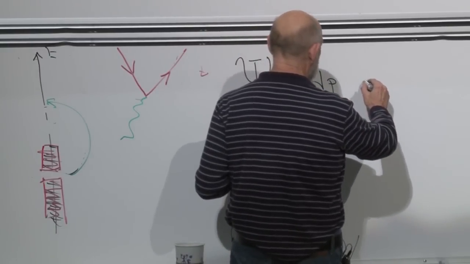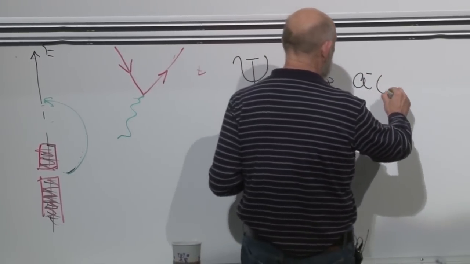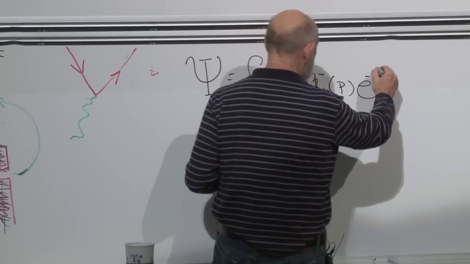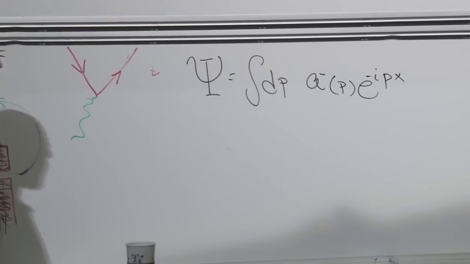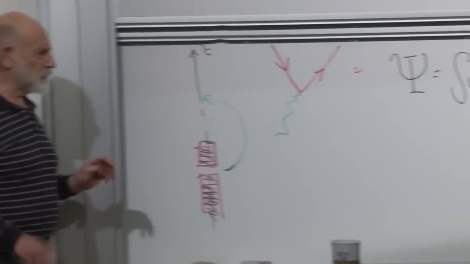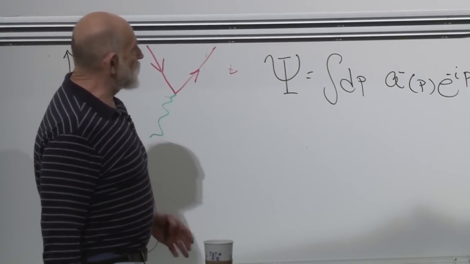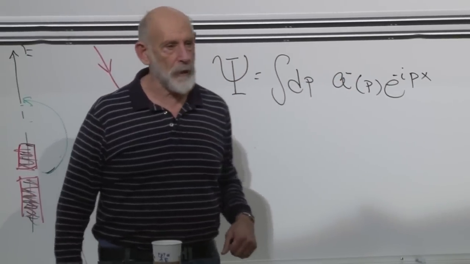That's A minus, the annihilation operator for a particle of momentum p, times e to the minus i px if I'm not mistaken. Yeah, annihilation has e to the minus i px. Or is it e to the plus i px? Doesn't matter. That's the way we build field operators, creation operators and annihilation operators times this sort of thing here.